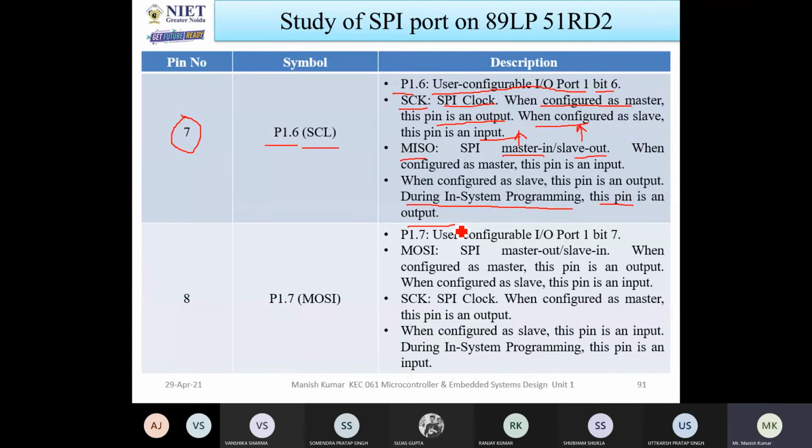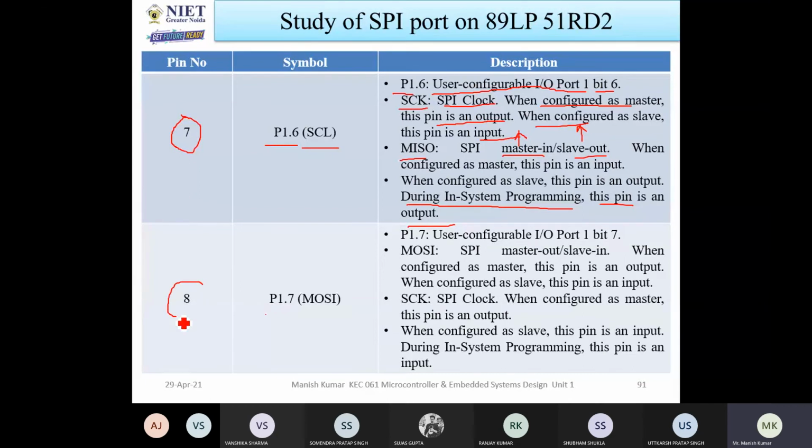So P1.5 is an input pin and P1.6 is an output pin when you are not configuring anything.